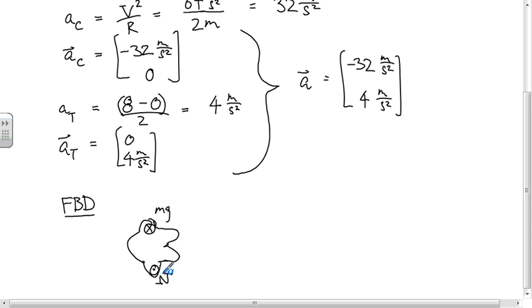That's the friction. So I'll write that as FF. We don't know the direction of that force. But that's the only force that's in the plane that we're doing this calculation in.